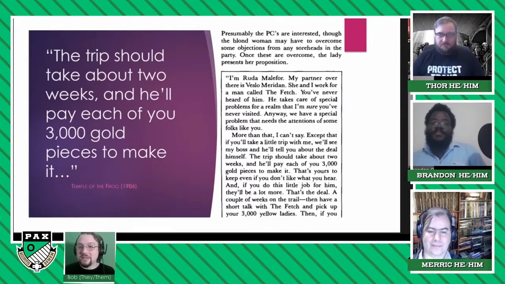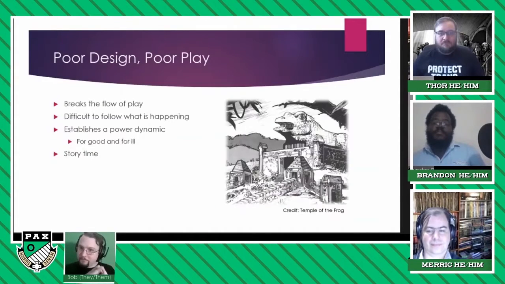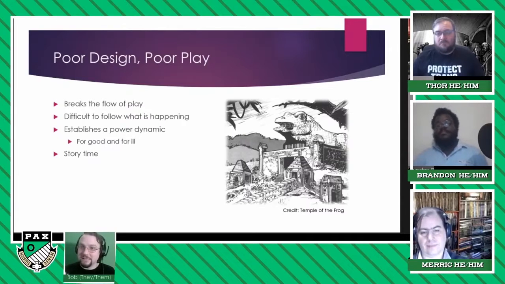All of these point to a fundamental problem that exists when designing adventures. Box text, and especially in regards to adventure writing, has a lot of potential problems. It establishes a power dynamic between the players and the dungeon masters.